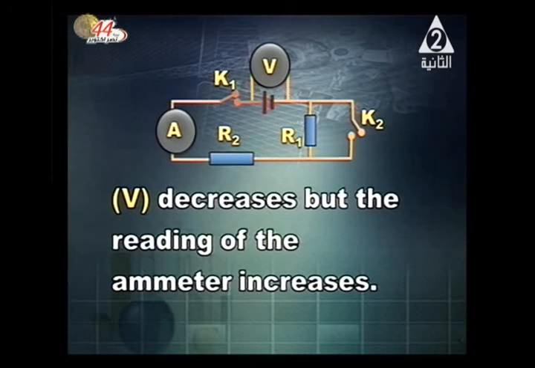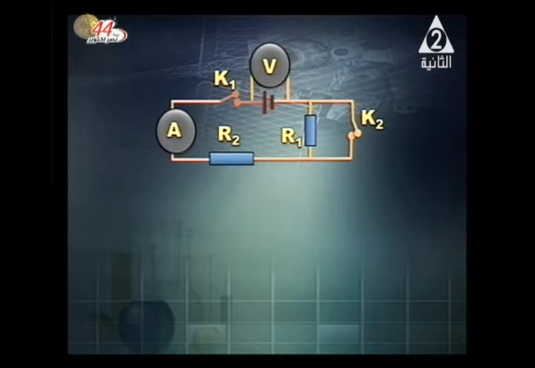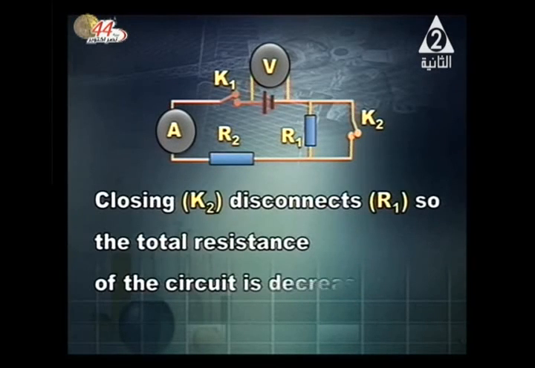Okay, V decreases, but the reading of the meter increases. We'll explain this. When closing the switch, it disconnects, as I said, R1. So total resistance is decreased. When resistance decreases, current increases.